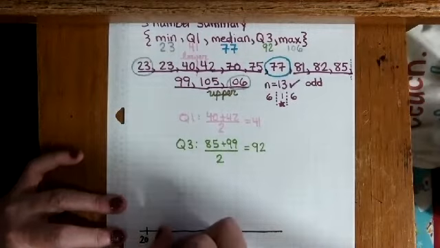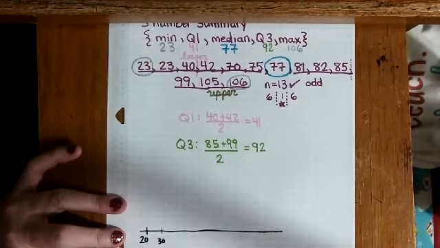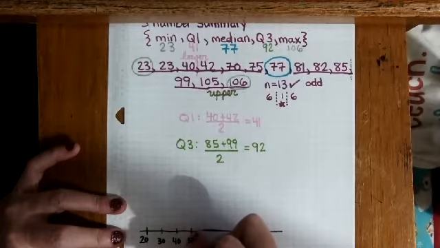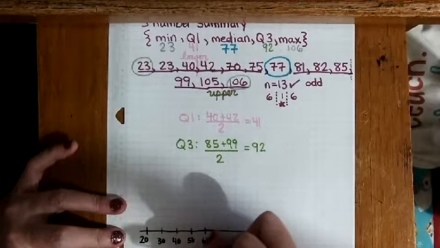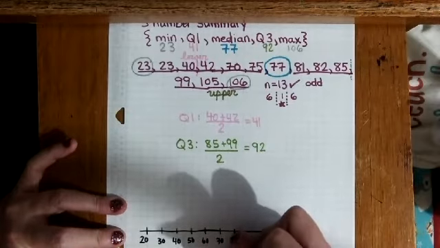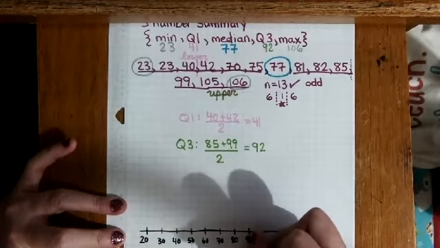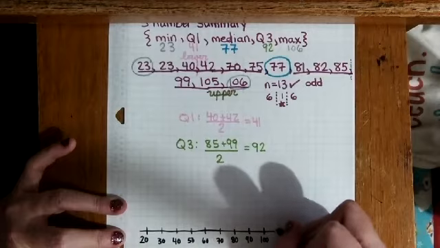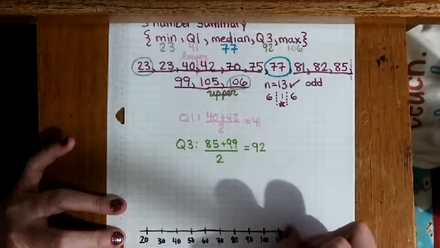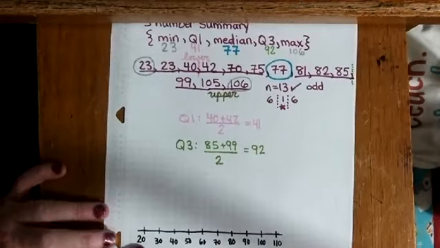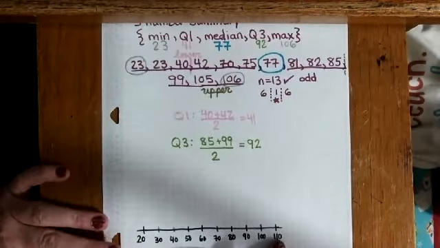Let's start by going in spaces of 10. Equally distant tick marks to equal the same value. All right, so we have a scale that starts a little below our min and goes a little above our max.